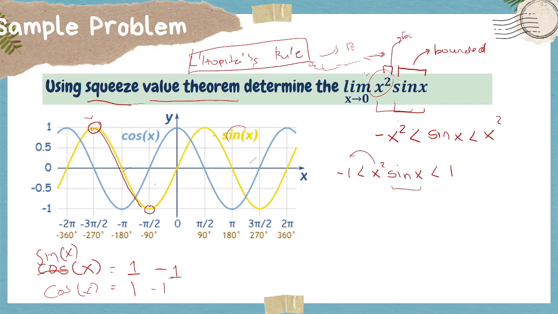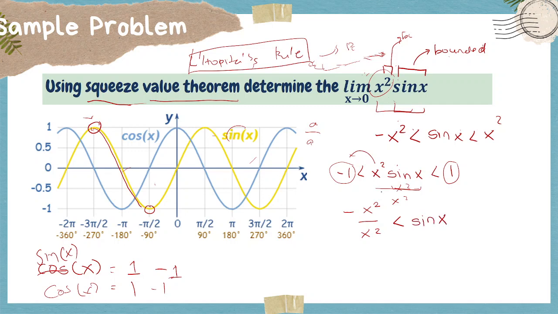You divide both sides by x squared, or multiply both sides by x squared over x squared. Bakit x squared over x squared? To retain the property of 1. What is the property of 1? Any number divided by itself is just 1. So basically, in solving this one, we would have negative x squared over x squared less than sin x.